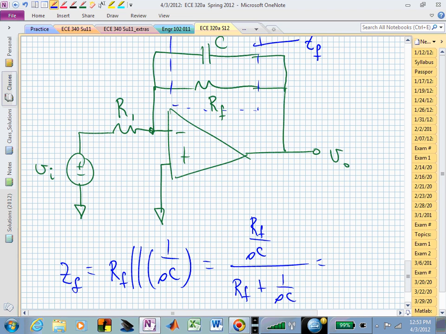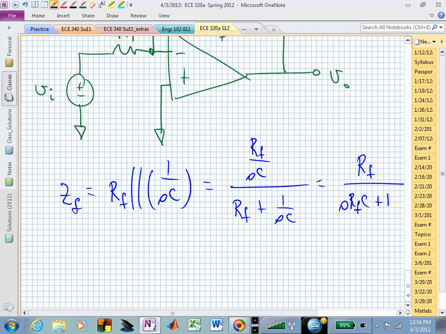And if we put both the numerator and denominator over the common denominator of SC and cancel that, we have then R sub F over S R sub F C plus 1. And that's now our impedance in the feedback path, which as an impedance, has no zero factor and it has a pole factor.